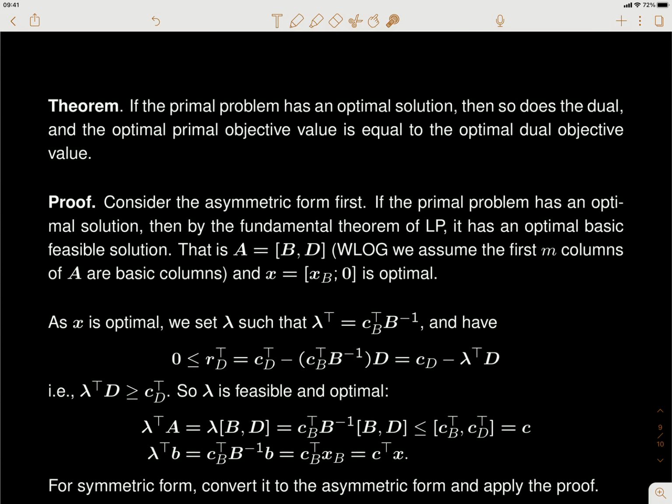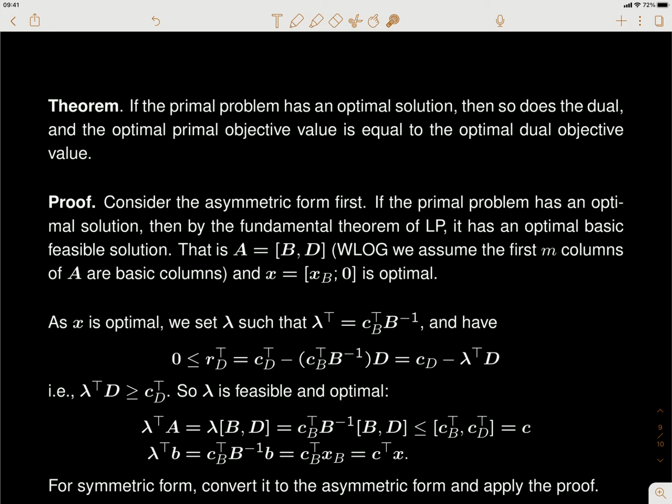Okay, next. If the primal problem has an optimal solution, then the dual problem will also have an optimal solution. And as we said before, the optimal objective function values will be equal.